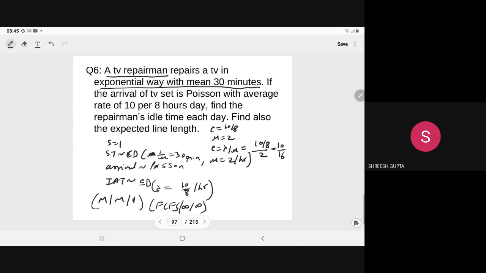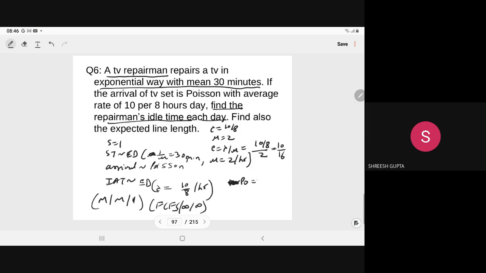Now to find the repairman's idle time each day, the idle time is the proportion of time the server is idle. So it is 1 minus P naught. No, it is P naught: the proportion of time the server is idle, that is P naught.